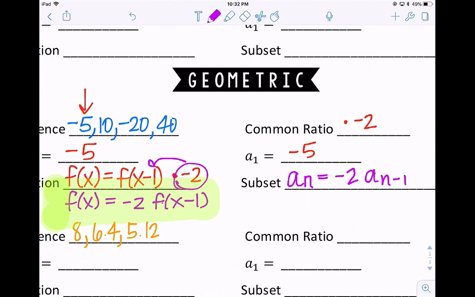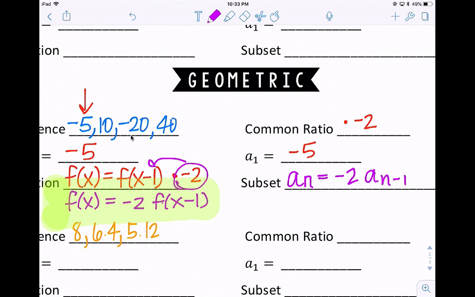So I would do -2, and when you just attach those right there, when these are just put together like that, that automatically means I would take -2 and multiply it times whatever that previous term was. So I'm going to just point how this works right here. So if I have the first term, I'm given the first term, -5. To get the second term, 10, I already know it, but to get that, I would take -2 and I would multiply it times the previous term.